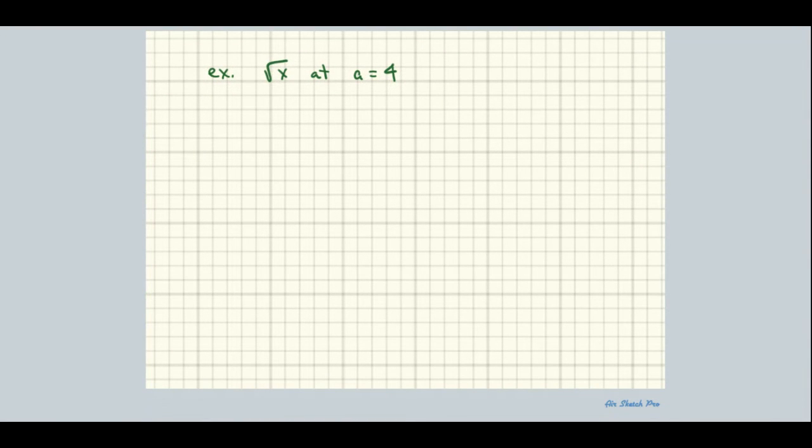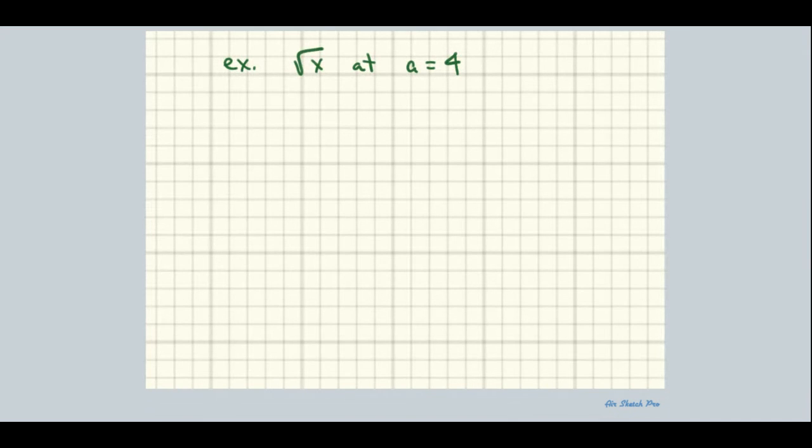Same way, guys. We're going to create the table, and then when we finish, we'll divide by n factorial and multiply by the power. So n, the nth derivative at the value we're expanding around. 0, 1, 2, 3.